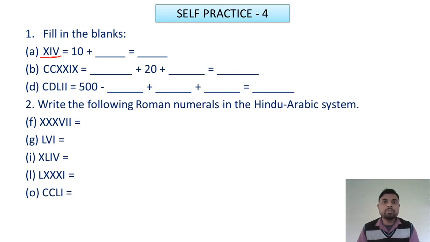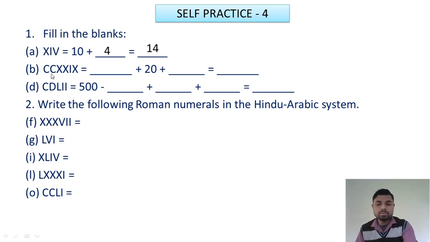And one thing you have to keep in your mind, that when you add or subtract, you can subtract only the basic Roman numerals, or you can add only basic Roman numerals. You cannot subtract or add the other numbers. Is it clear? So here X means 10, and IV means 4. So 10 plus 4, 14.